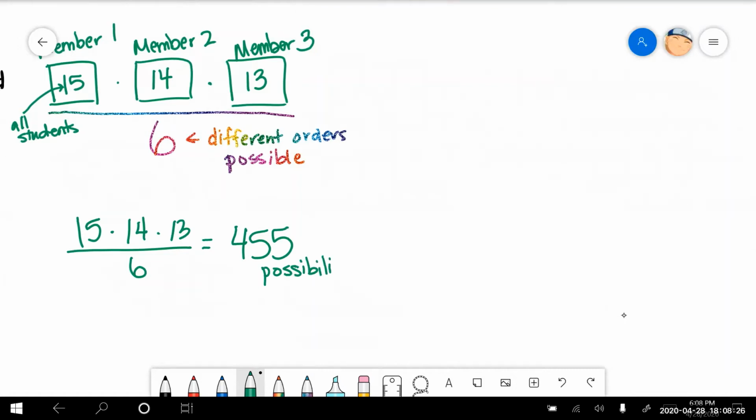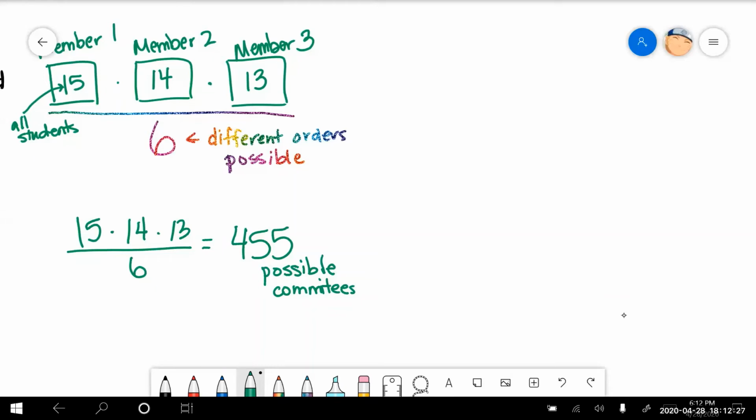So possible committees, I should say. You guys are really good at writing complete sentences on your homework, and I appreciate that, so I'm going to at least write my units here. So 455 possible committees could be taken if I need 3 people out of a club of 15 students.